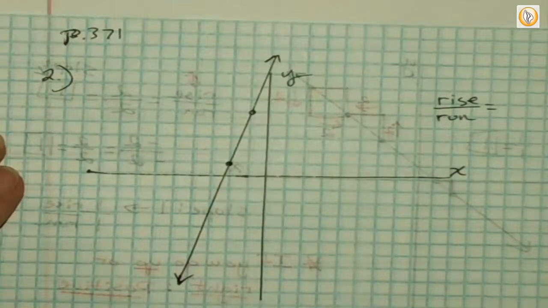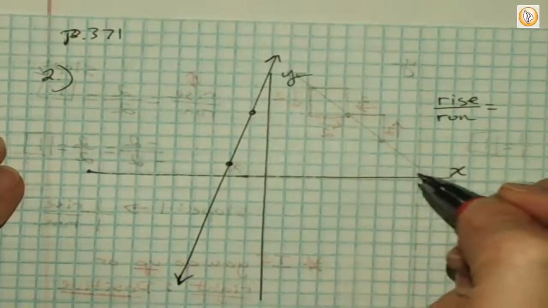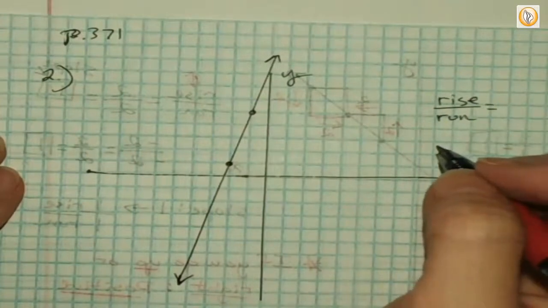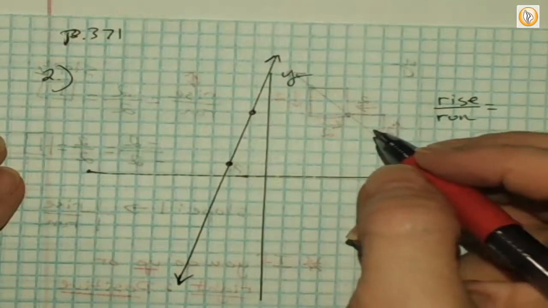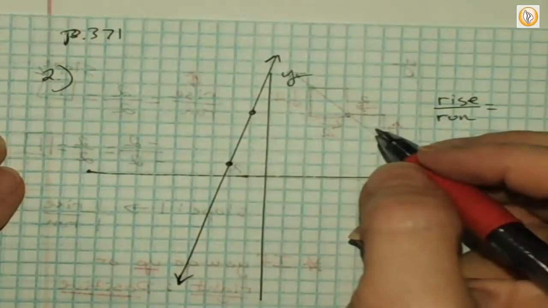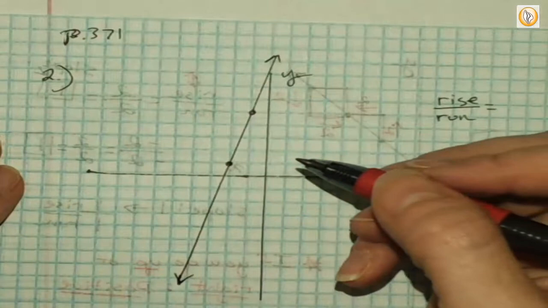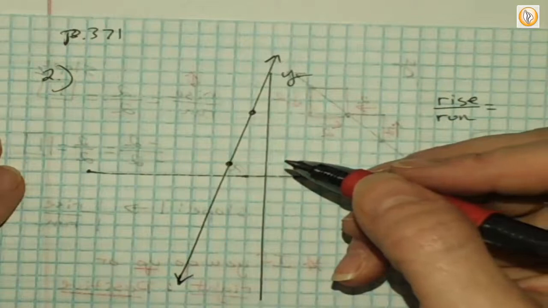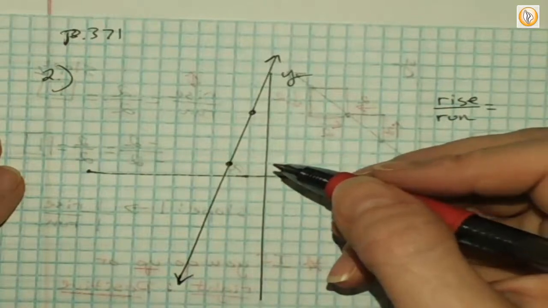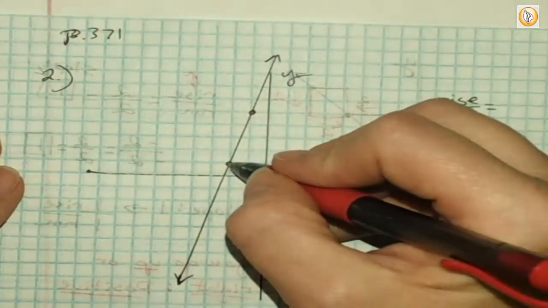And let's see, Emily. Look in your book and tell me what the rise is. Do you have the same dots in your book? Do you see where the line crosses the intersection in your graph? Okay, y'all are going to be able to do this.